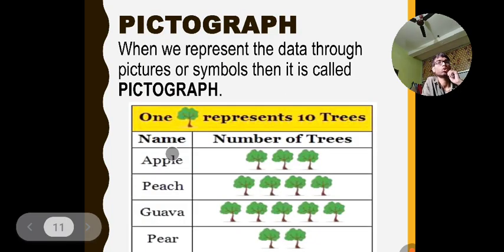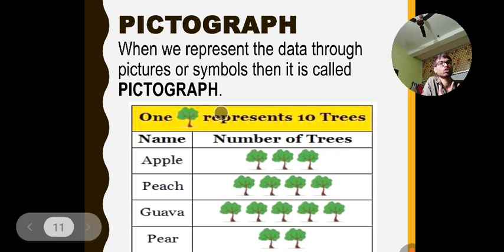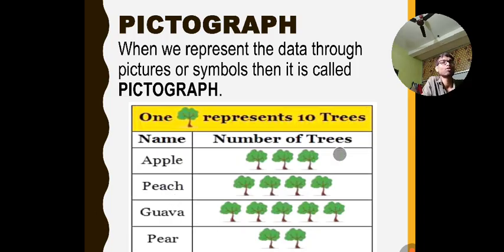With a pictograph, we take a picture and represent data with pictures. When we represent data through pictures or symbols, it is called a pictograph. Here we have names of fruits, and here the number of trees.